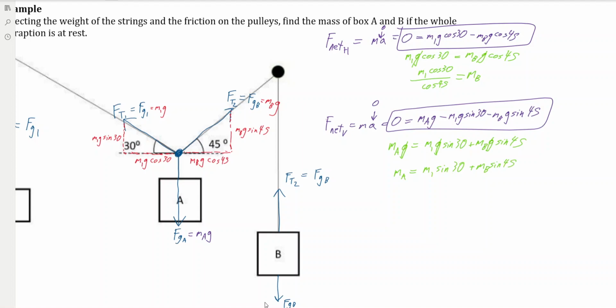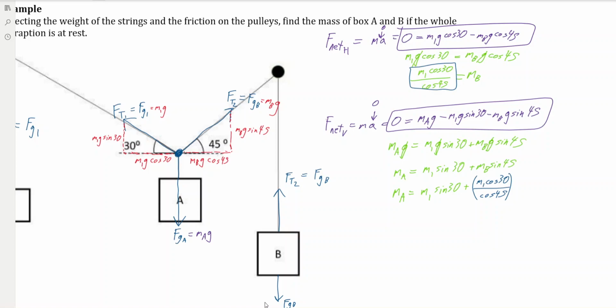And because we found MB in the last question, if we wanted to do it algebraically, we could also do that. So this whole thing, maybe I'll use a different color just to show that really clearly. This whole thing goes here, M1 cos 30 over cos 45.